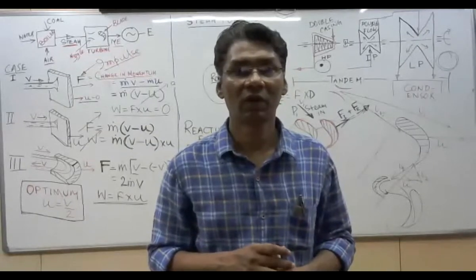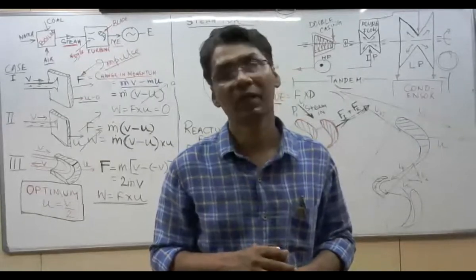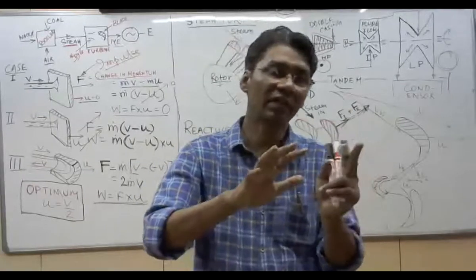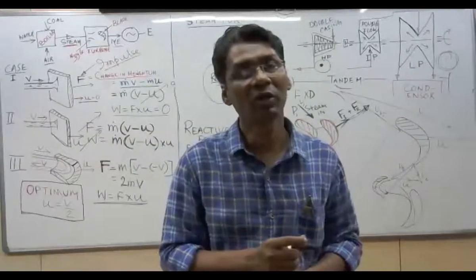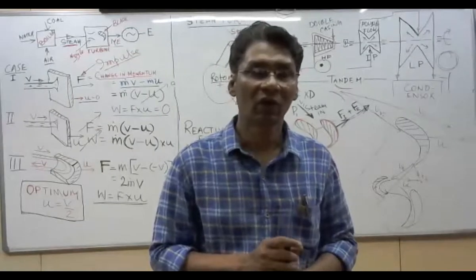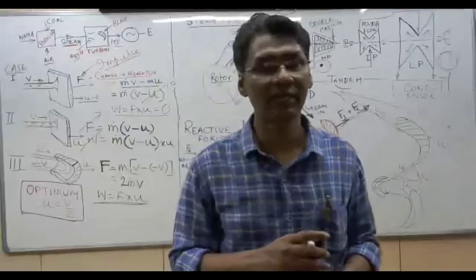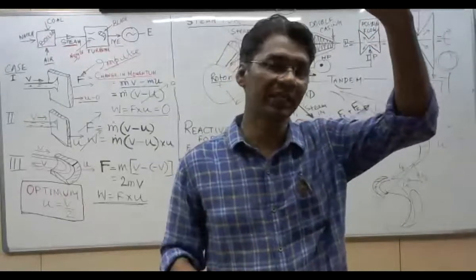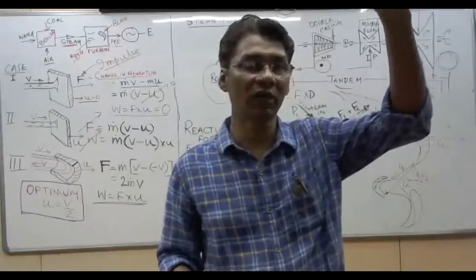Now first, why use condenser? Why not let the steam expand and use it in the boiler directly? Condenser is to condense the steam and convert the steam into water so that it can be reused. A huge amount of DM water is used, so it cannot be wasted. Also, the second law of thermodynamics shows that there is a set of two: one is source, one is sink. In the power plant, sink is condenser, source is boiler.